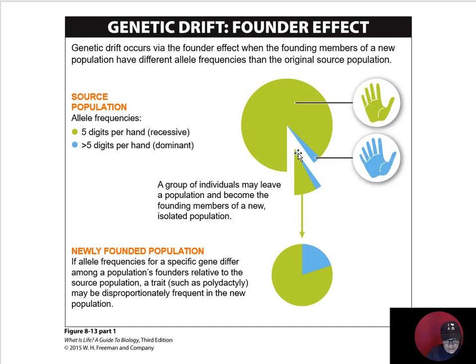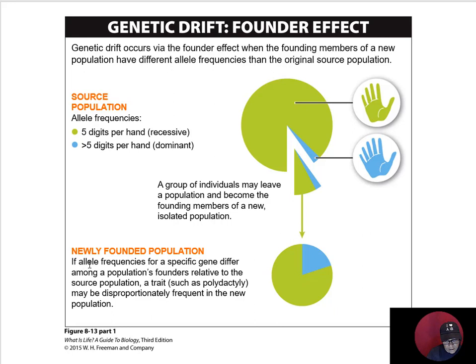Now, if this little slice, this little group of individuals, packs up and leaves and founds a new population, they're just like, we're going to move to island X, right? Well, now when we look at that new population, suddenly we're going to see this change, right?